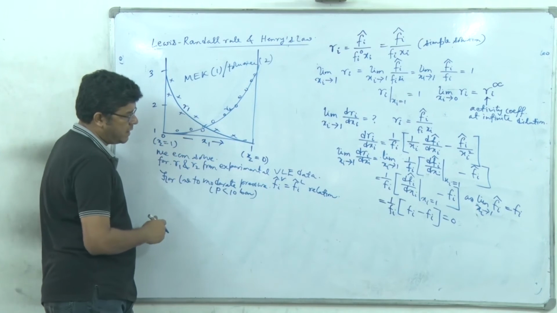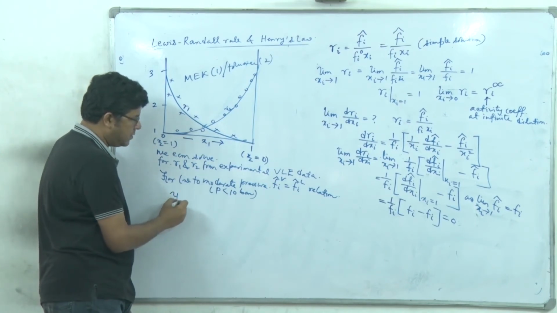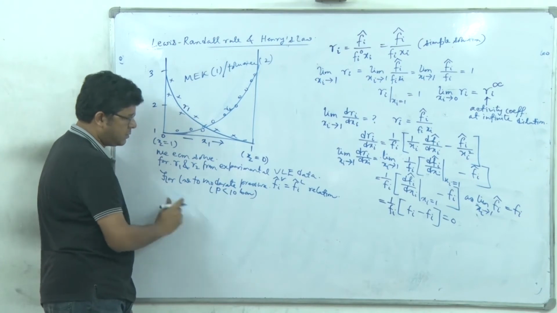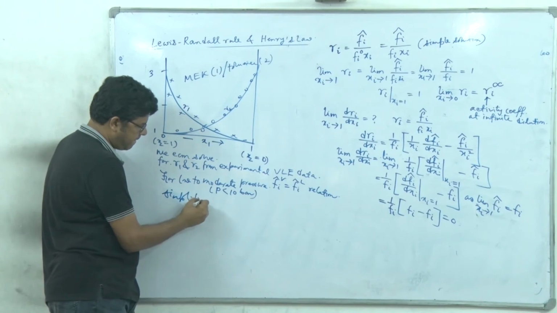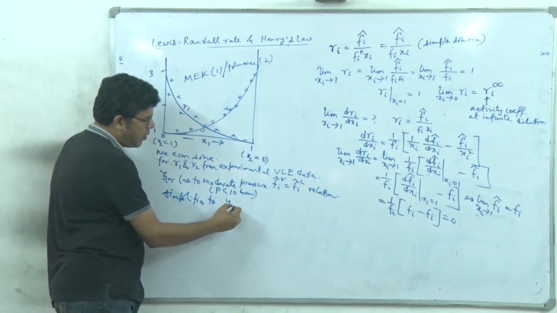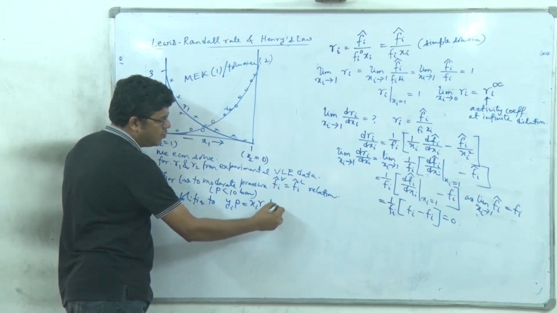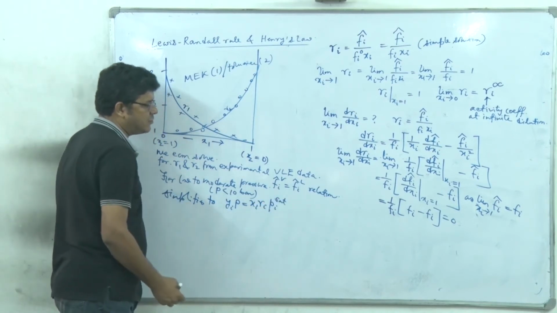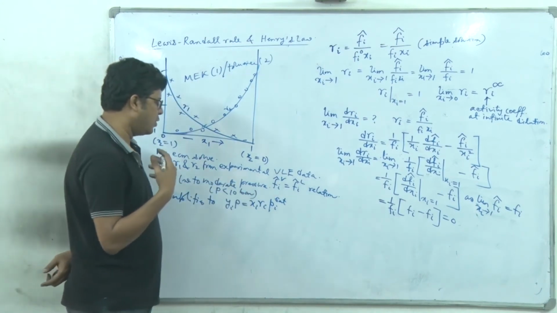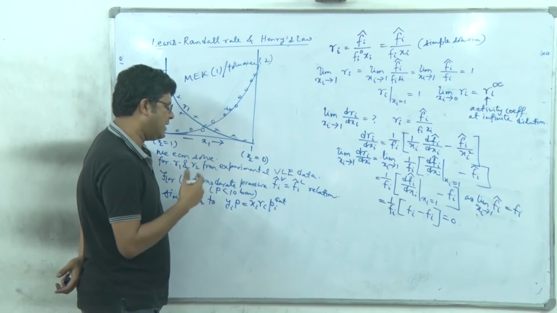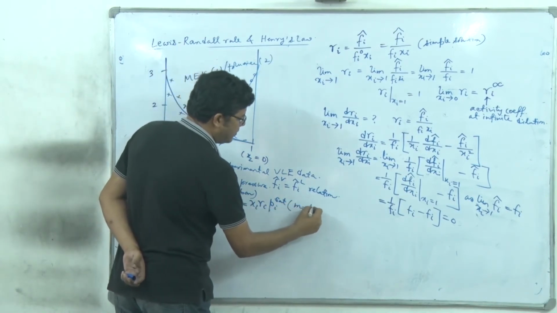So phi cap V is equal to phi cap L, that relation simplifies to what? yi into P is equal to xi into gamma i into Pi sat. Pi sat is the saturation pressure, right? So this vapor liquid equilibrium law is more or less universally applied unless it is high pressure duty. This is called the modified Raoult's law.